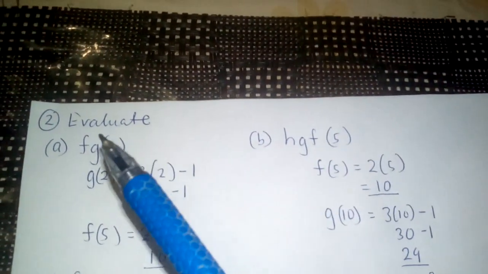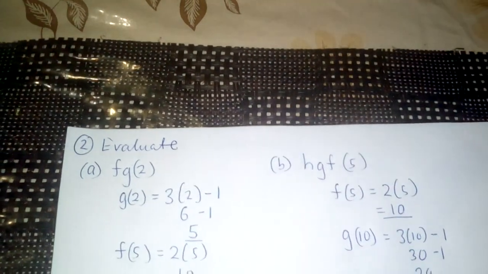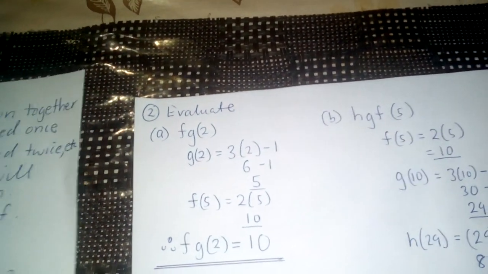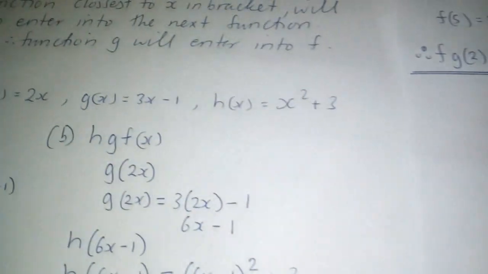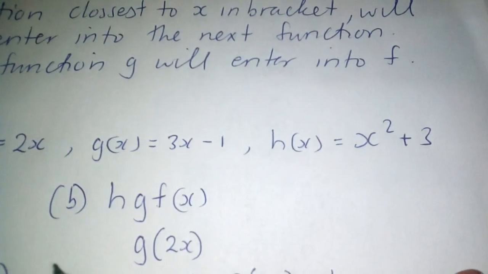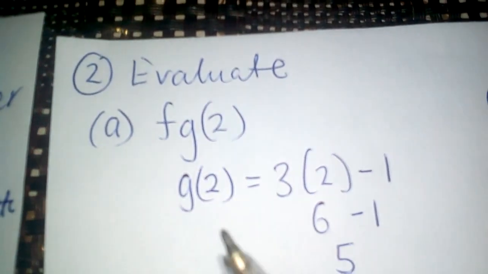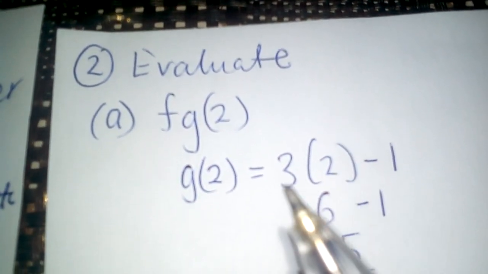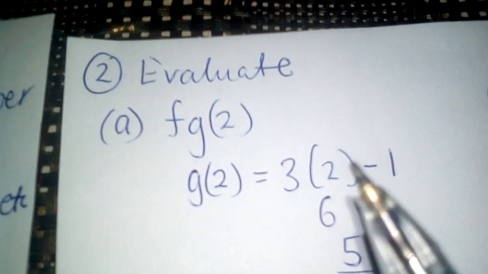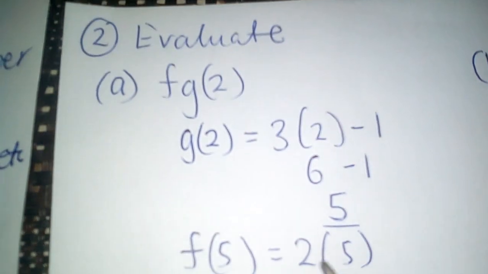So here, G of 2, remember, G in our example is given as 3x minus 1. So my G of 2, in the place of x, it will be now 3(2) minus 1. I open the bracket, I get 6 minus 1, and 5.